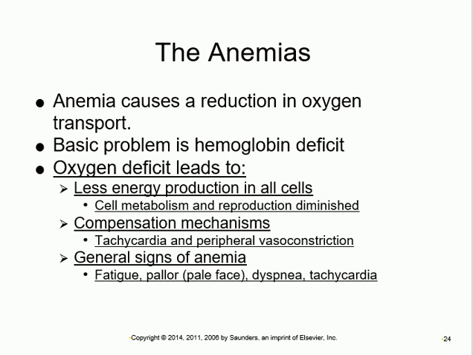Anemia is that you don't have enough hemoglobin, whether it's because of the number or the size or something else. So it's all about hemoglobin. When you say anemia, I will tell you right away you have a problem with your hemoglobin, so you cannot carry the needed oxygen. This is basically what it is.